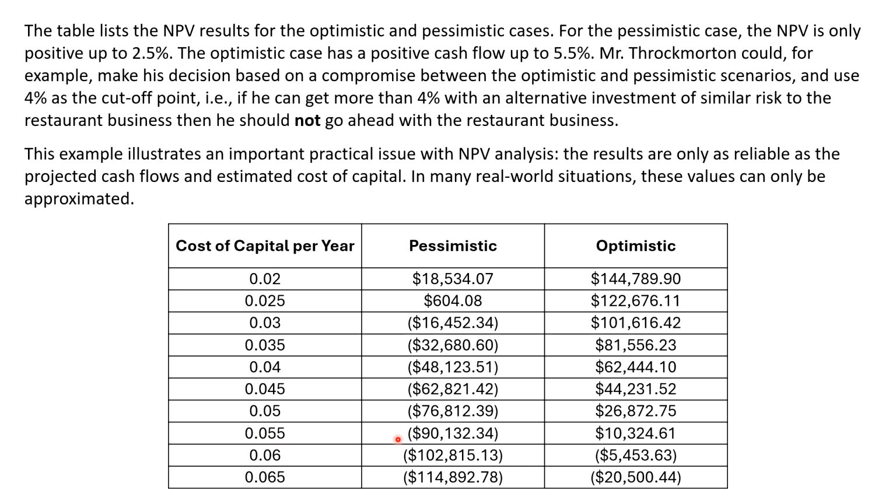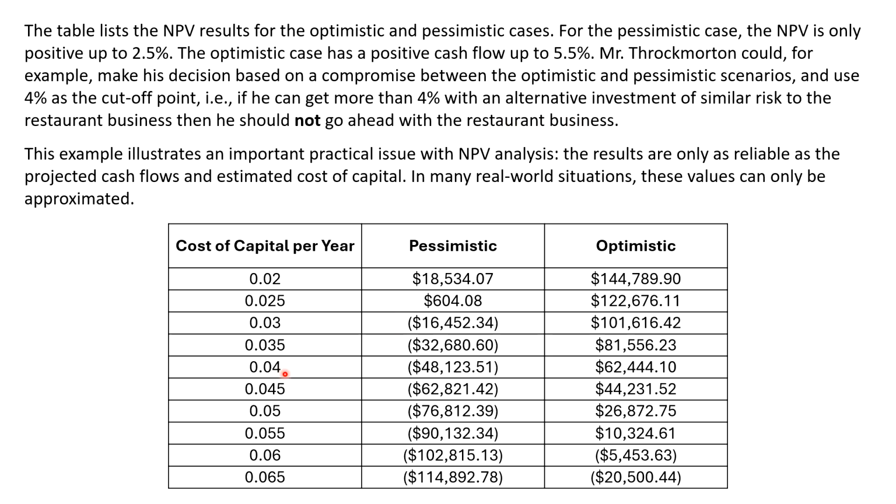It's around 5.5%. Mr. Throckmorton may want to do a compromise and pick a number in the middle, like say 4%. If he can get more than 4% with an alternative investment of similar risk to the restaurant business, then he should not go ahead with the restaurant business.